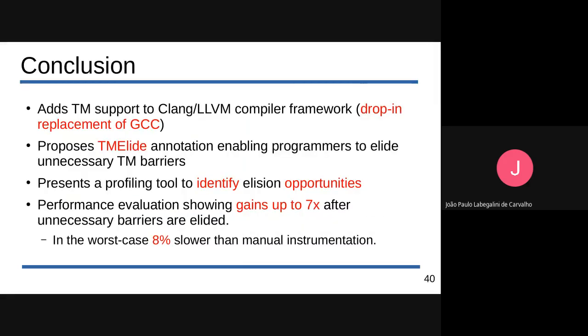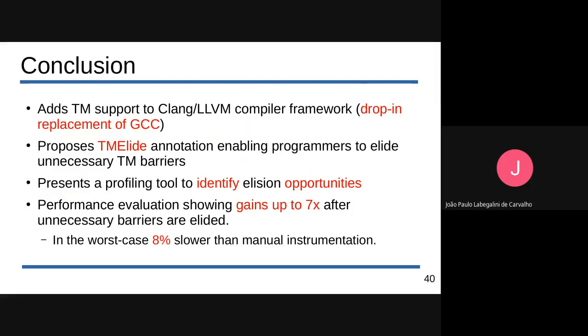So from our work, we can conclude that first, we showed a drop-in replacement of GCC support for transactional memory in the Clang LLVM compiler framework that can be used to compile legacy code or code ready for GCC. Second, that tm_elide is a very efficient and easy annotation to use to elide transactional memory barriers.